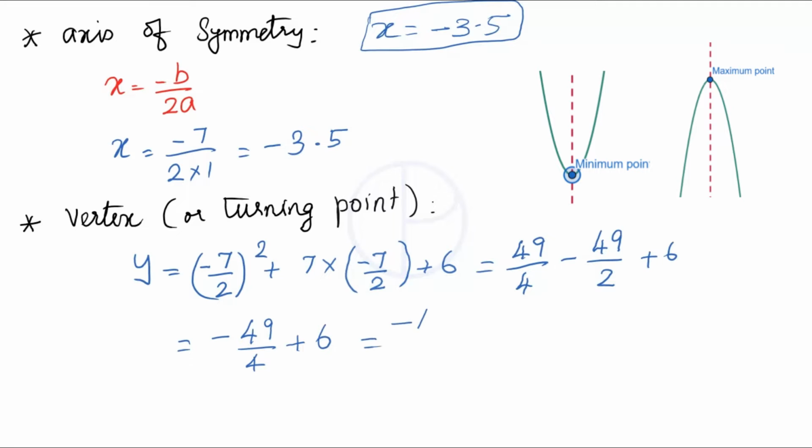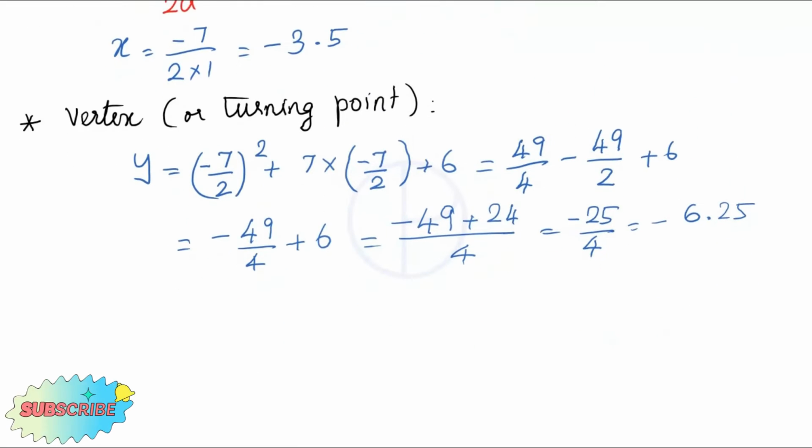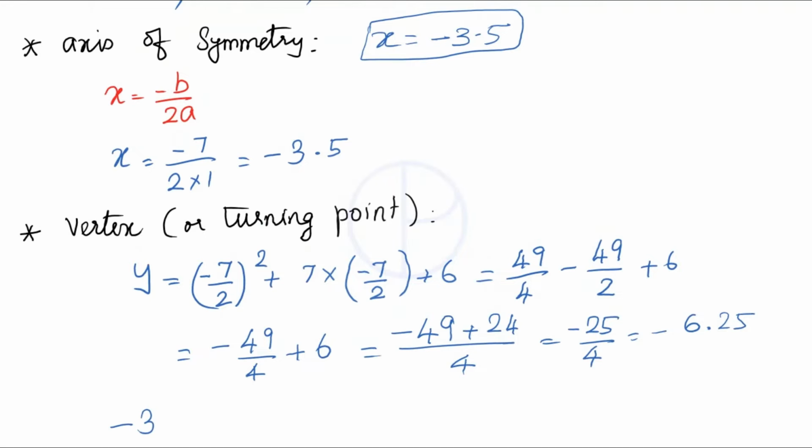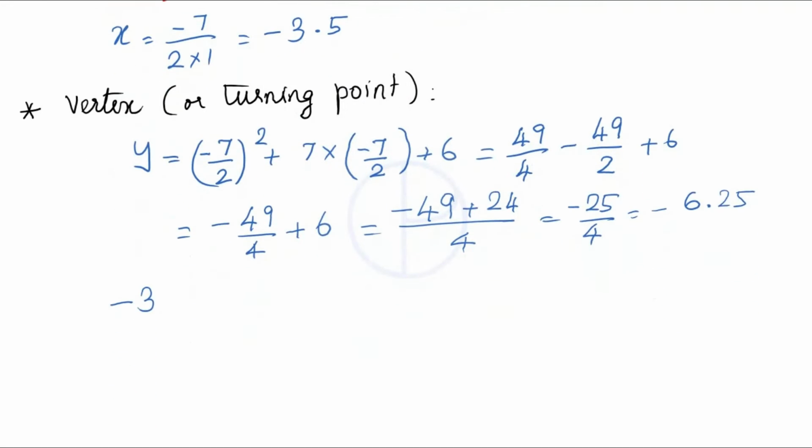Take 4 as the LCM: -49 plus 4 multiplied by 6 is 24, divided by 4, is -25/4, which is nothing but -6.25. So the vertex: the x-coordinate is the axis of symmetry, which is -3.5, and the y-coordinate is -6.25.